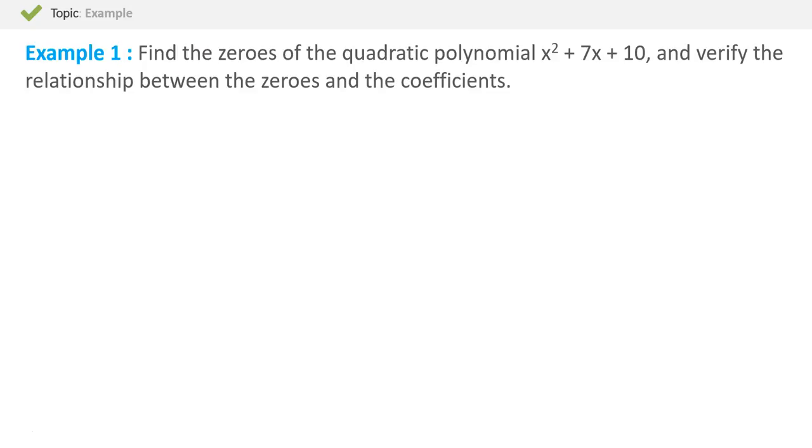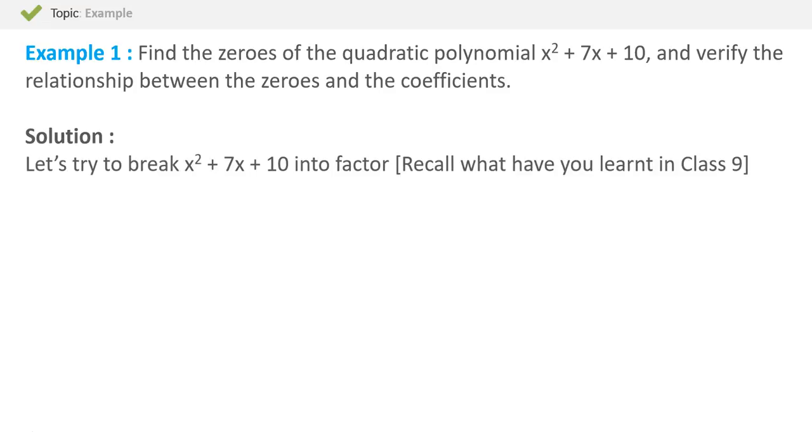Now let's try some examples. Let's try to find the zeros of the quadratic polynomial x square plus 7x plus 10, and hence verify the relationship between zeros and coefficients for this quadratic polynomial. Now let's try to break x square plus 7x plus 10 into factors.